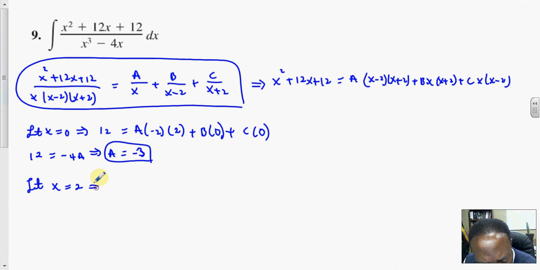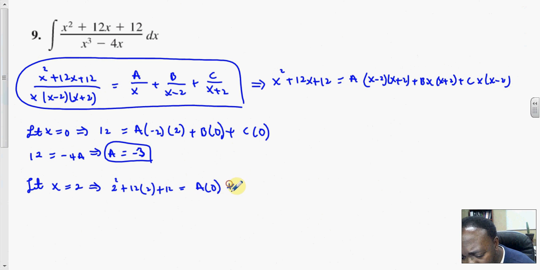So let x equal to 2. This implies that on the left side, we get 2 squared plus 12 times 2 plus 12 is equal to a times 0 plus b times 2 times 4, then plus c times 0.